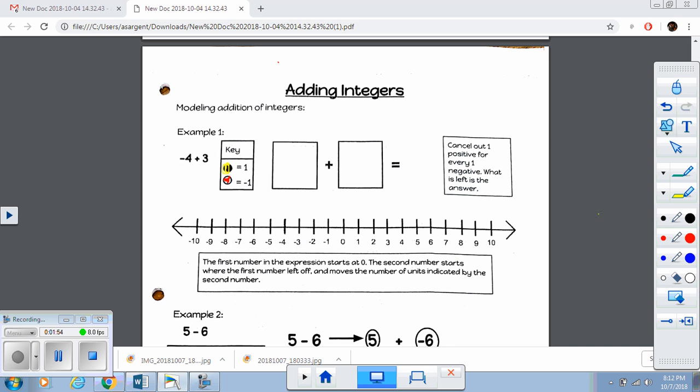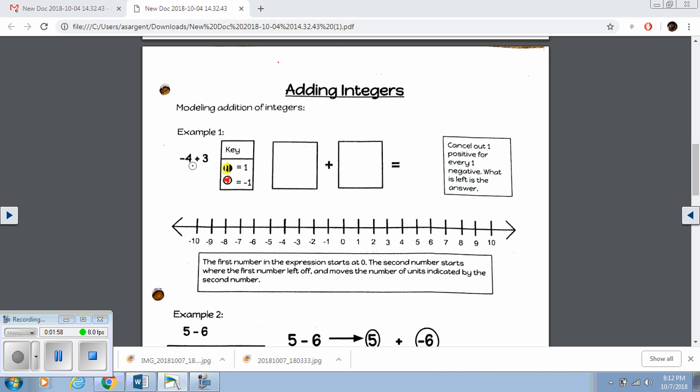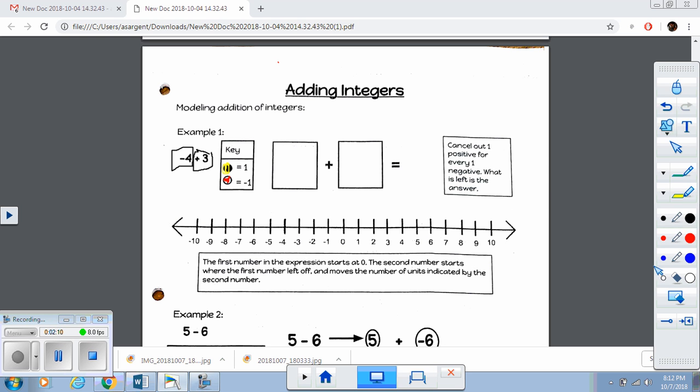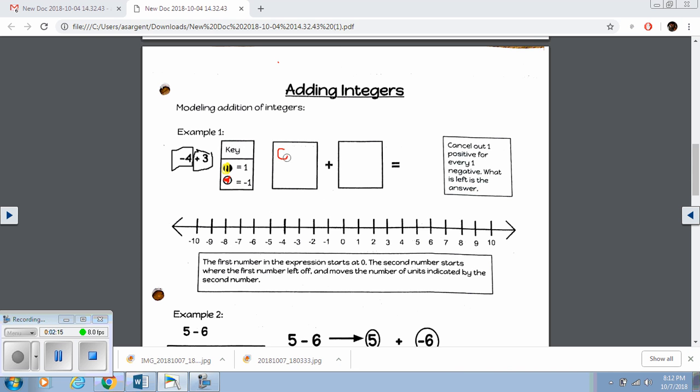So what we have here, this goes together, so that's a -4, and then we have this that also goes together, which is a +3. So in the first box, I'm going to model our -4. I'm just going to draw circles instead of coloring them in just to save some time.